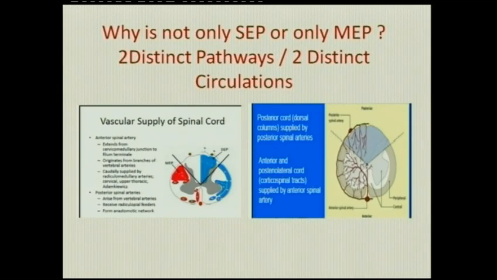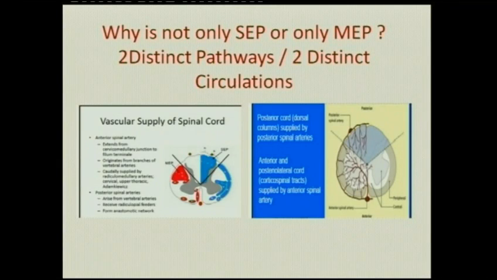As we have two modalities of test, sensory and motor, why don't we do only one modality and look after the functions? We could not, because there are two distinct pathways with two distinct circulations.